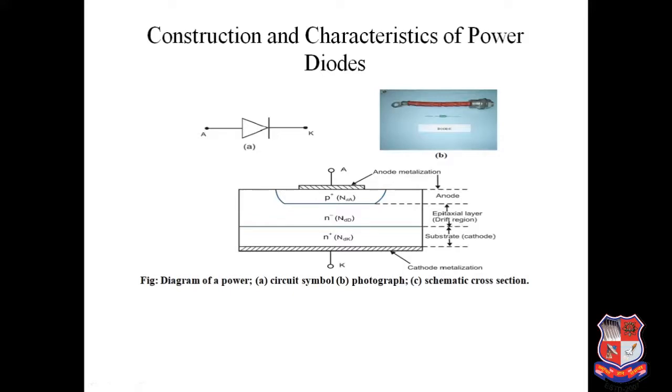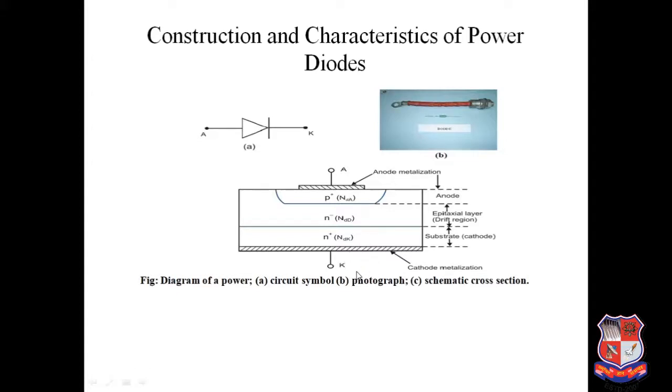The donor atom density, NDD, is grown on a heavily doped N plus substrate. So this is nothing but the drift region, and it is grown on a heavily doped N plus substrate, which acts as the cathode.